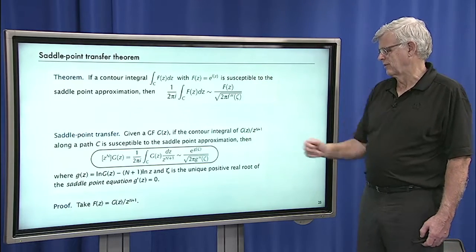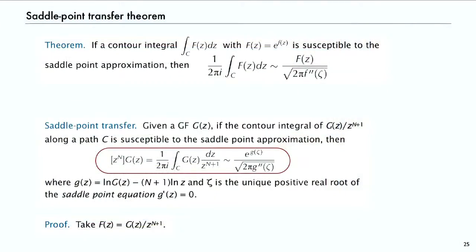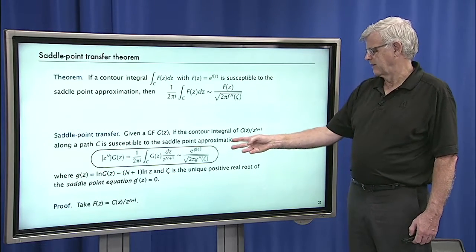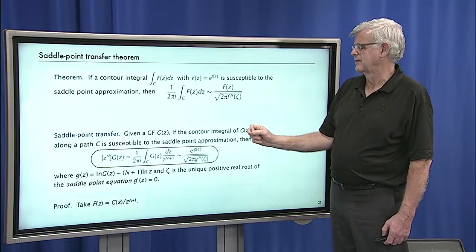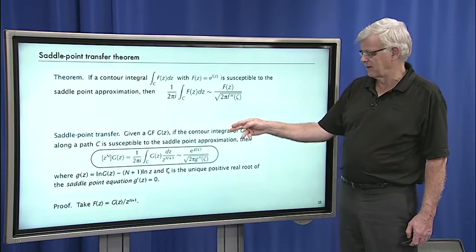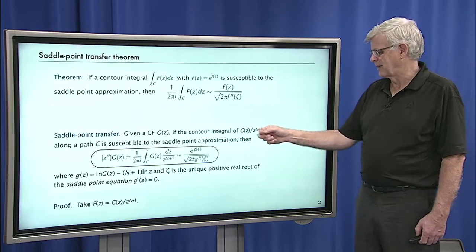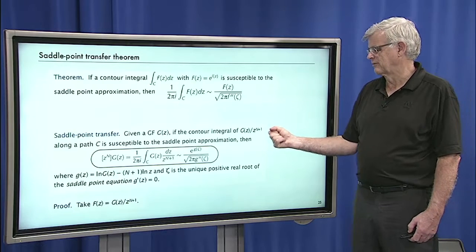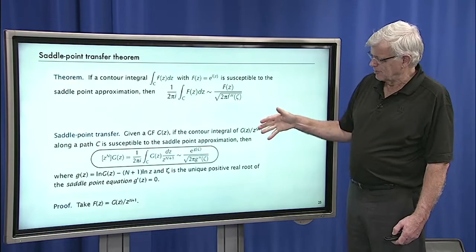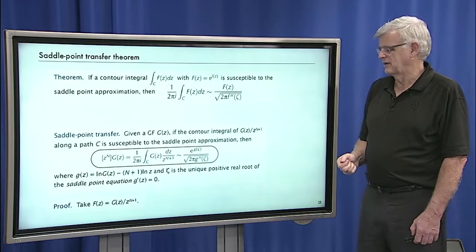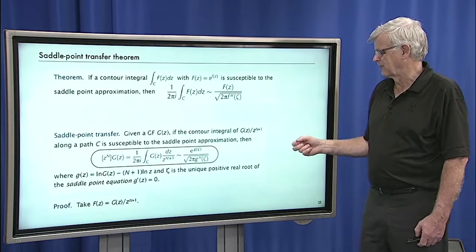So our saddle point equation is just modified slightly, and the main point is that we evaluate our function at the saddle point, and then we have this corrective factor, which is square root of 2 pi times the second derivative. So it's a plug and chug method of getting coefficients of z to the n out of entire functions that have no singularities.